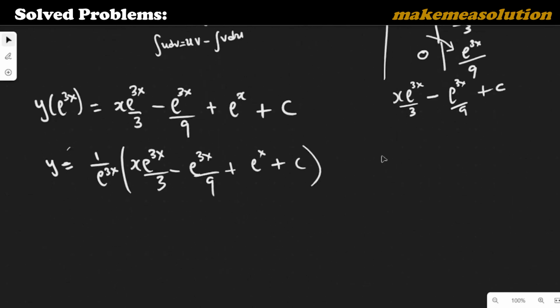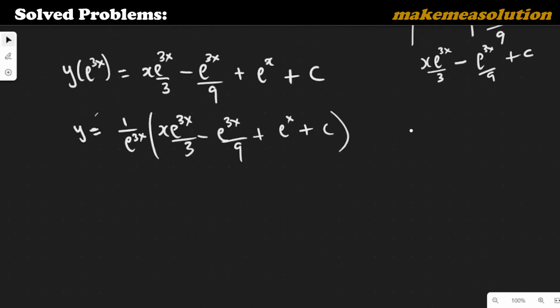So if we evaluate, we'll now get y is equal to x over 3 minus 1 over 9 plus exponential x divided by exponential 3x gives me exponential minus 2x, right?